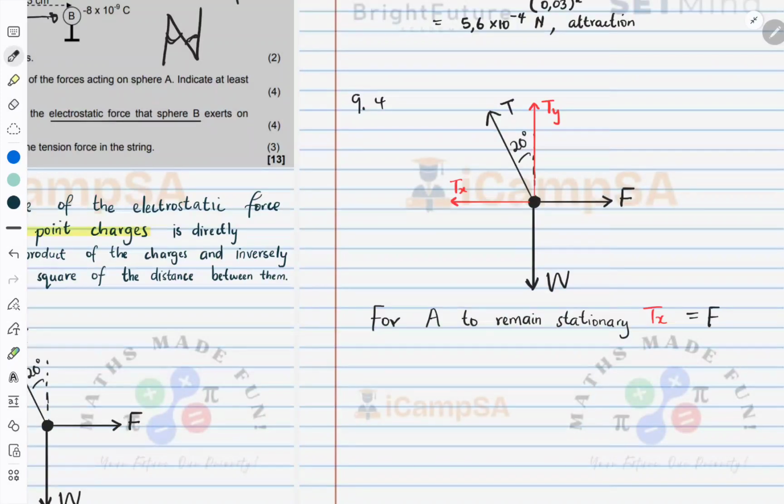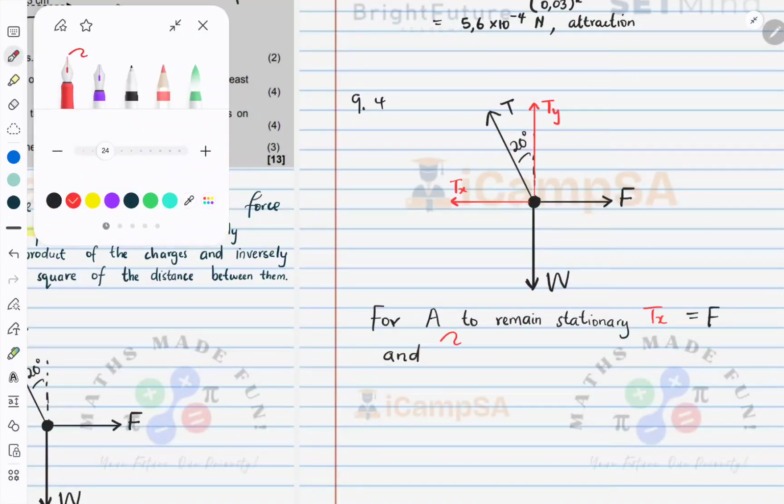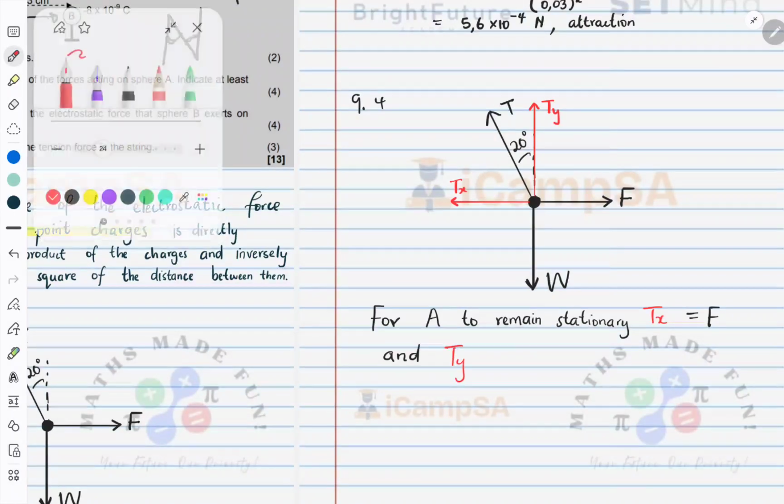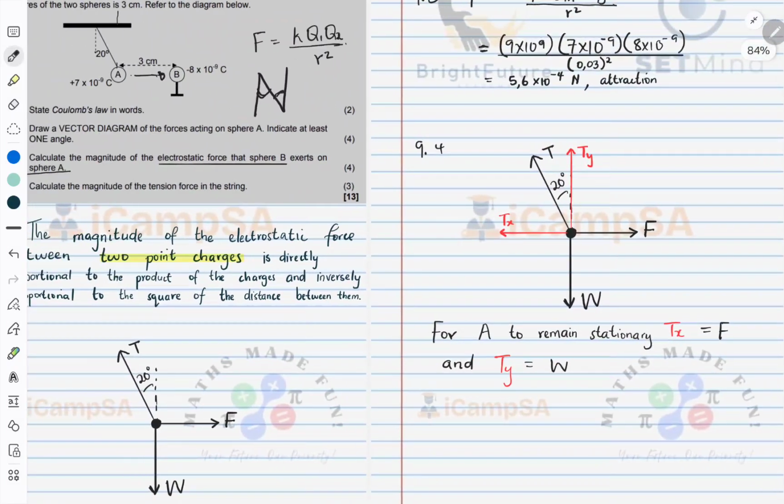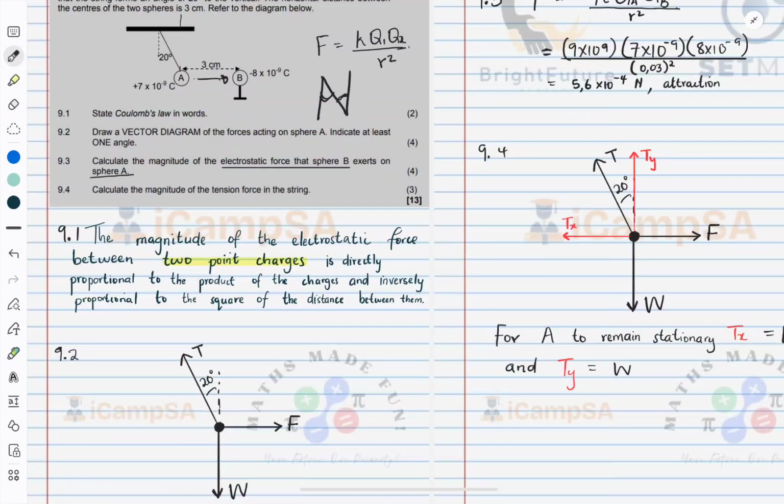And then Ty must be equal to the weight. So that's how the forces will be balanced. We can use any of these expressions, Ty or Tx, to then find our tension in the string.